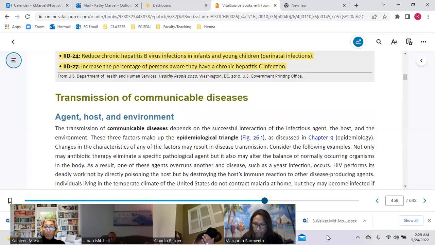But we talk about transmission. Transmission of communicable diseases is directly related to the agent, the host, and the environment, right? That's how things are. The agent infects the host, and then whatever is going on in the environment affects the severity of the disease transmission, right?